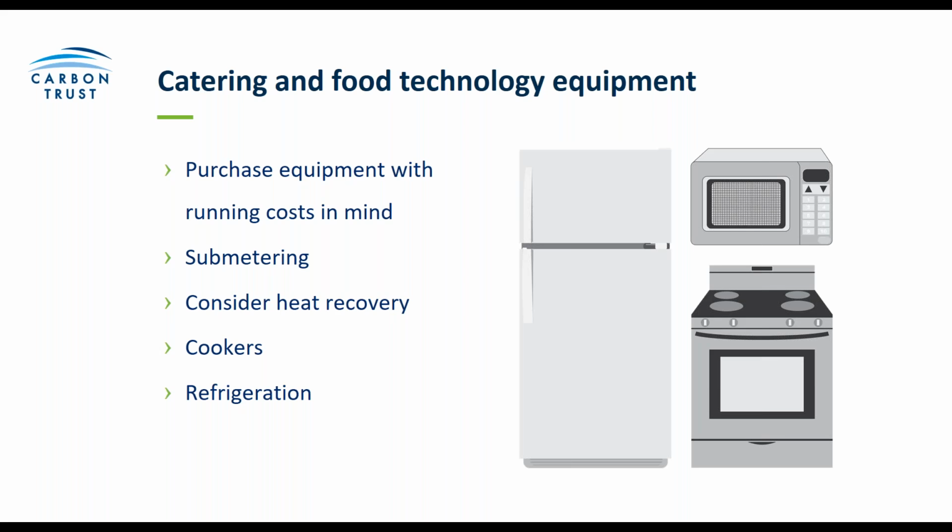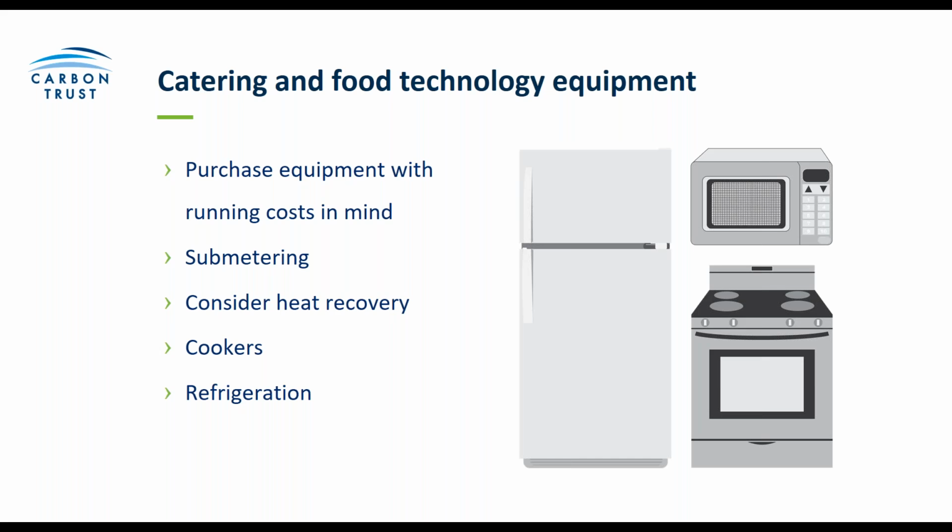Heat recovery on school kitchens is something else that's often worth having a look at, given that normally around 50% of the heat that's actually expelled from the kitchen can be recycled and used to offset things like the demand on water heating, for example.